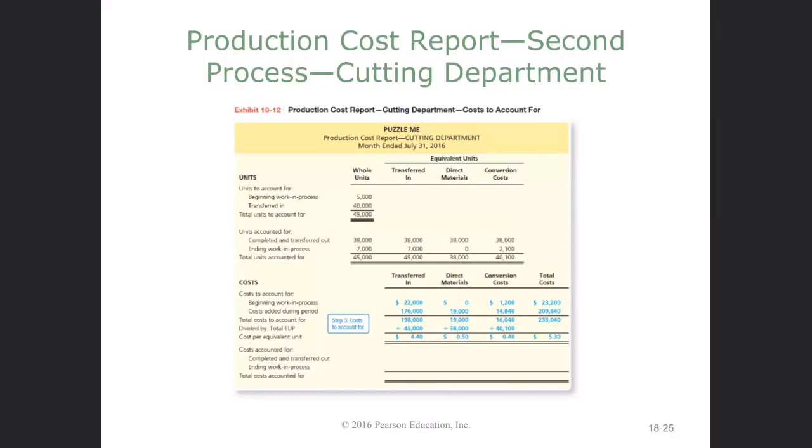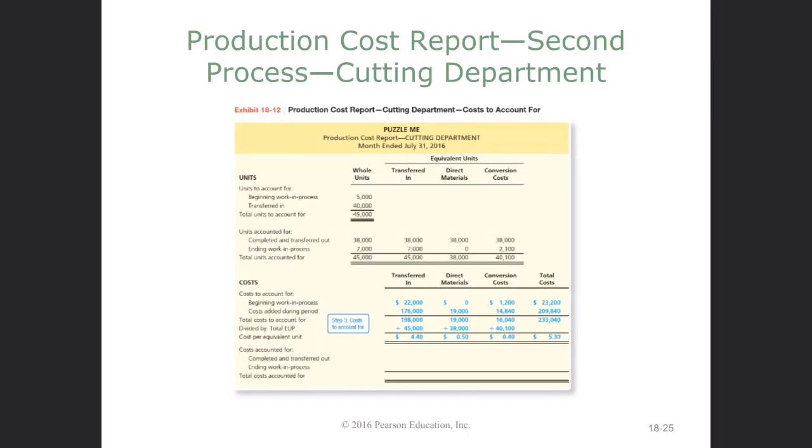In this example, we're looking at cost to account for, step 3. We've transferred in 22,000, which is in our beginning work in process. Our cost added during the period as 176,000 gives us our total cost to account for of 198,000.